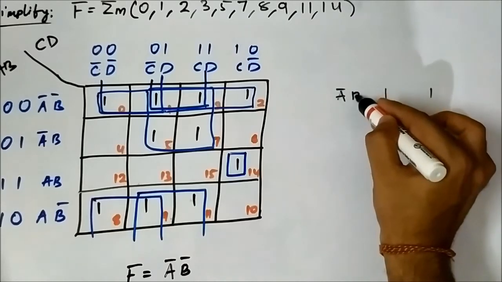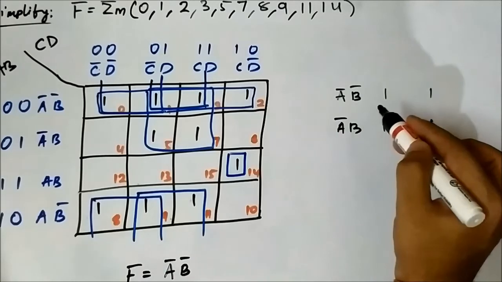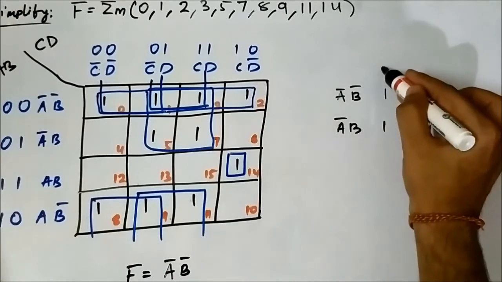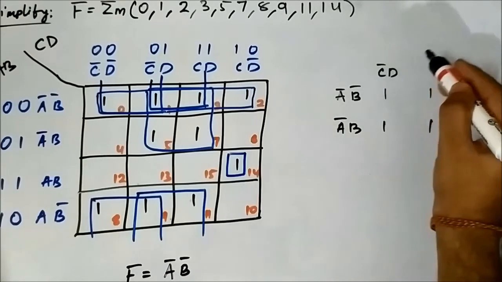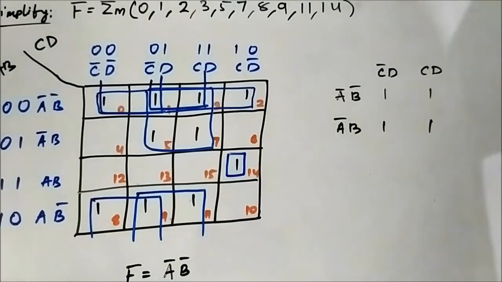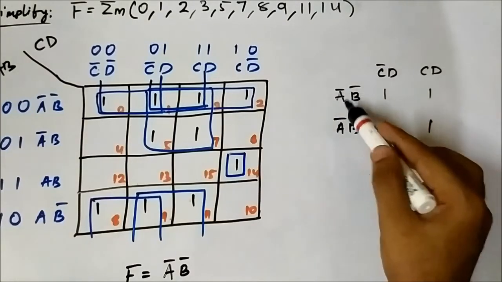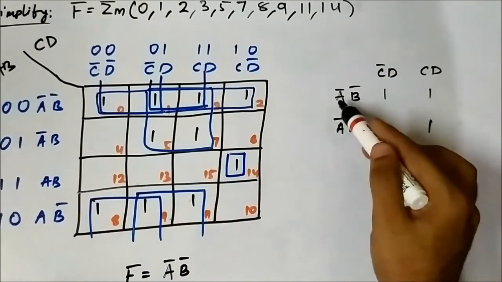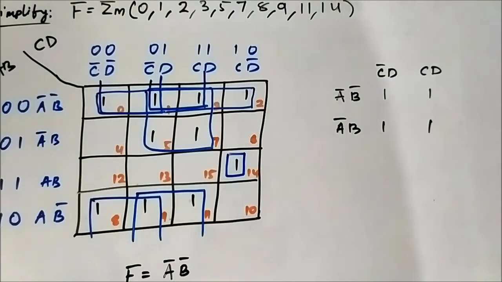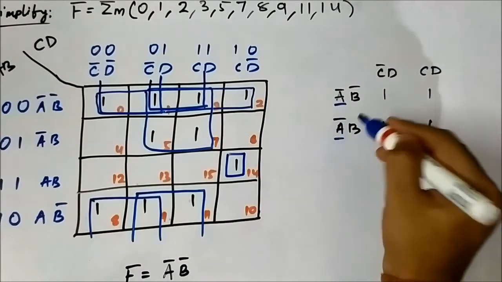A bar B bar, A bar B, C bar D, C D. So here from the horizontal side you can see that A bar is common.